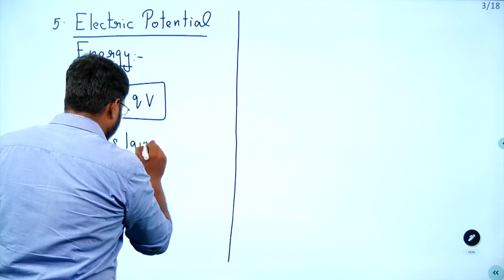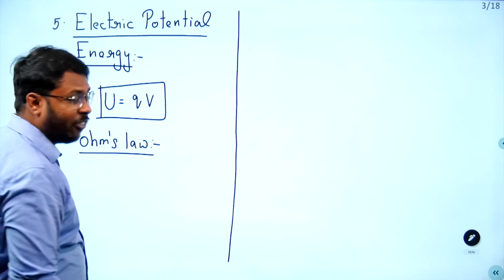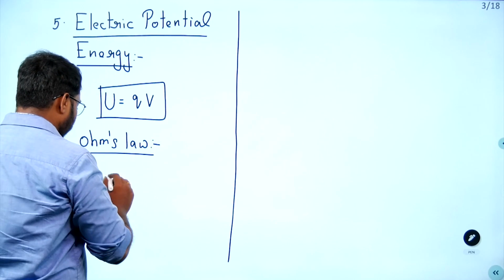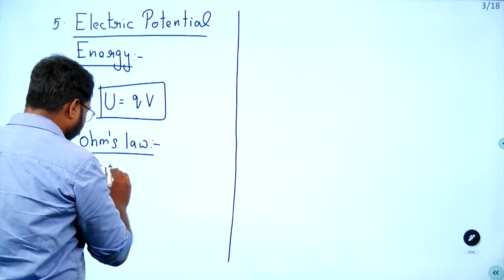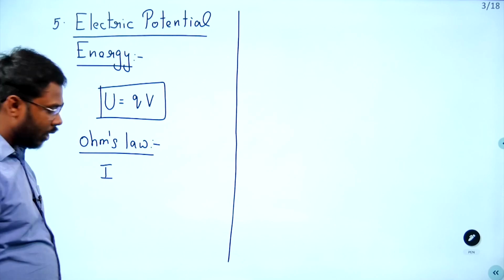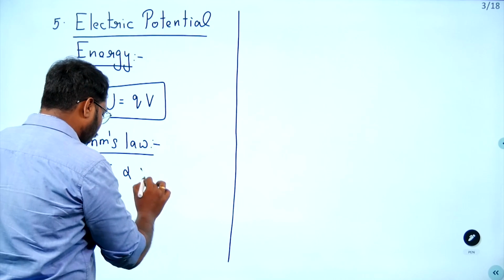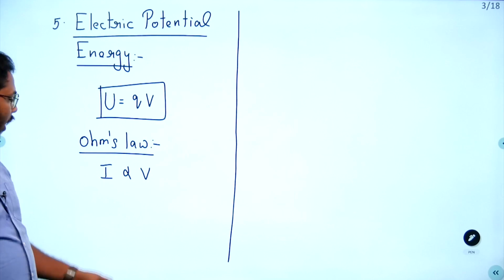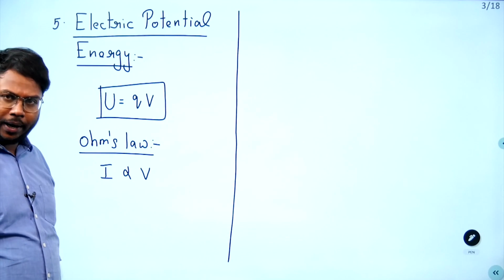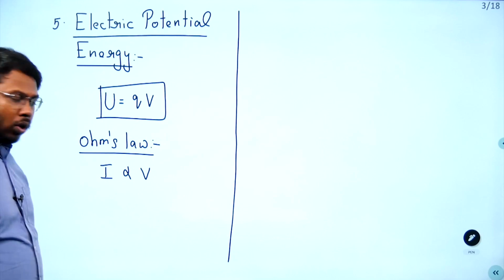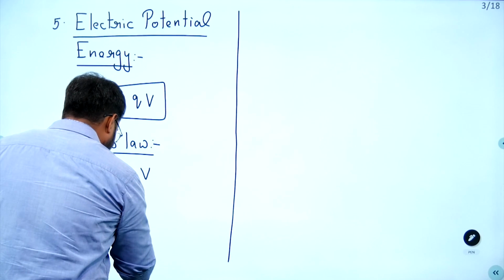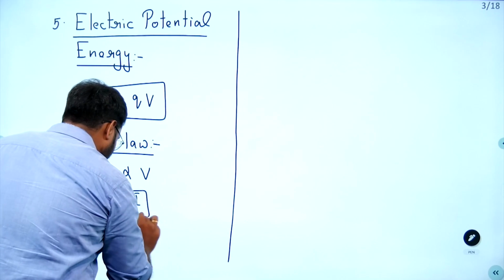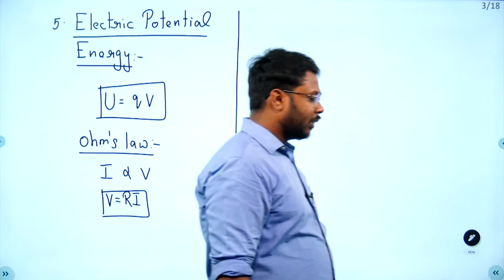Ohm's law. Most of the students will be familiar with the definition of Ohm's law. What it says is the current that is going to flow in a particular conductor is directly proportional to the potential that is being set, but only if the resistance is constant.